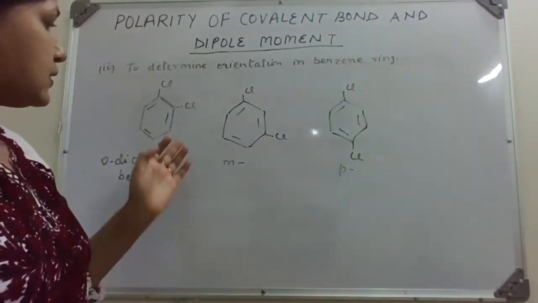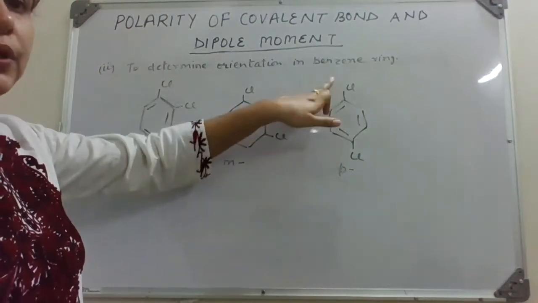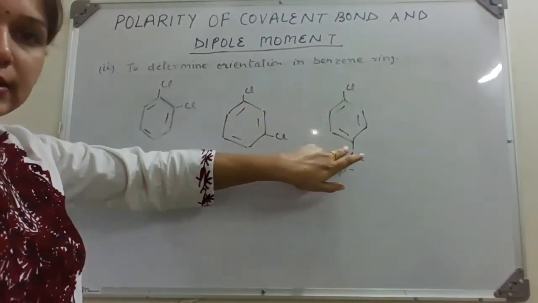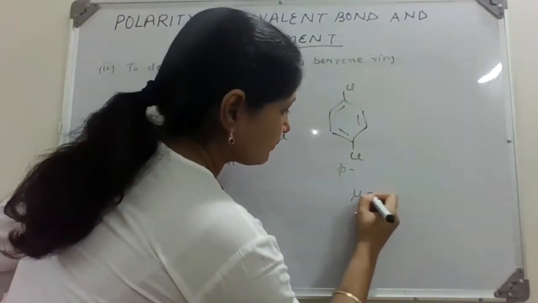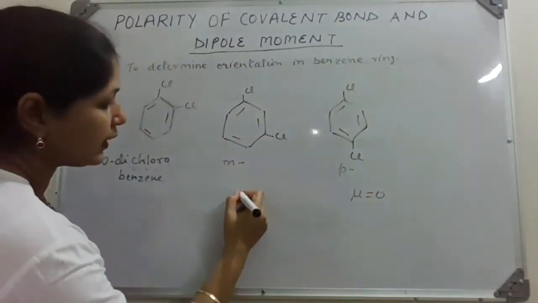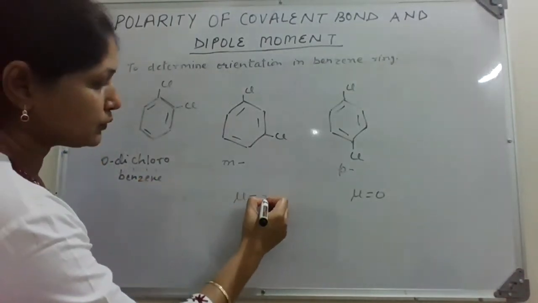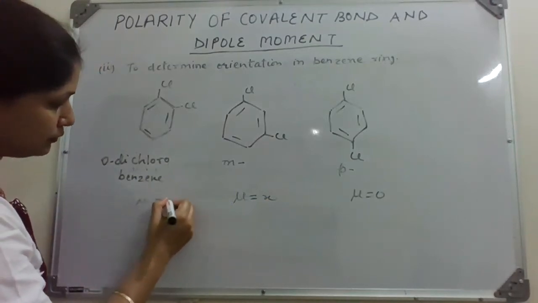If we see dipole moment in the para case, both the chlorine atoms are opposite to each other. The dipole moments due to both these bonds will be cancelled, since this molecule has zero dipole moment. Suppose this molecule has some dipole moment equal to x, and this molecule has some dipole moment equal to y.